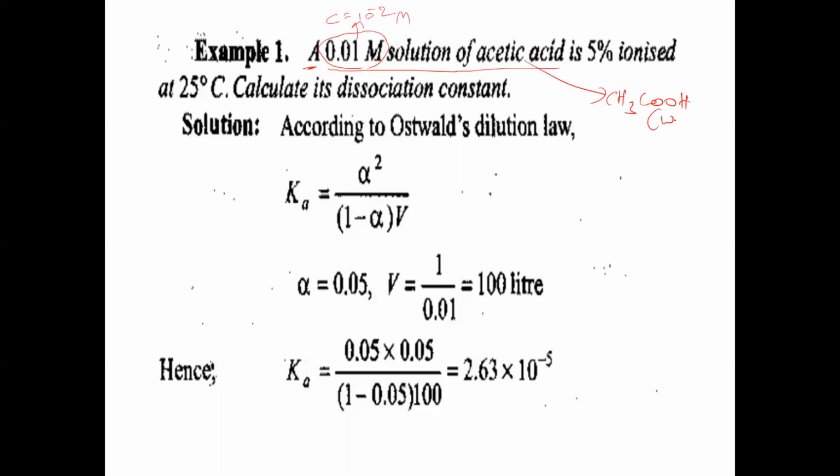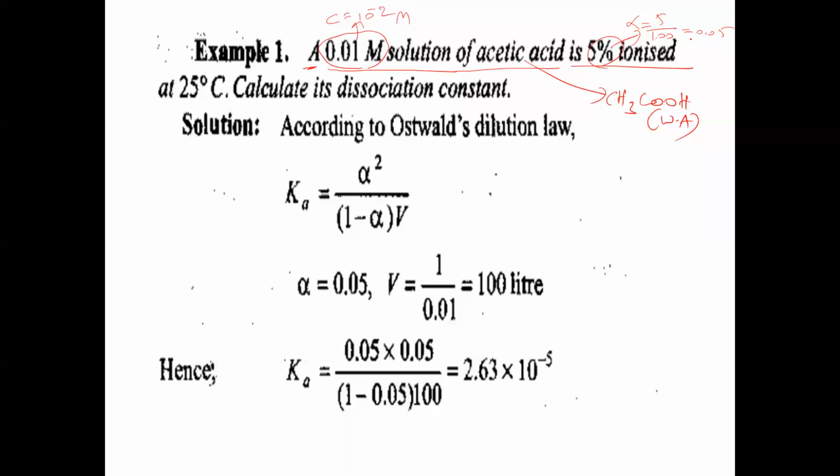It is a weak acid and is 5% ionized. What is the alpha given here? Alpha is 5 by 100, since 5% means 5 per cent. 5 by 100 is 0.05.